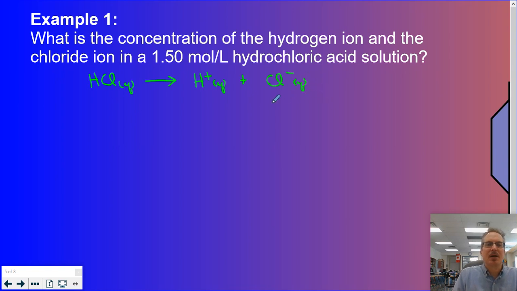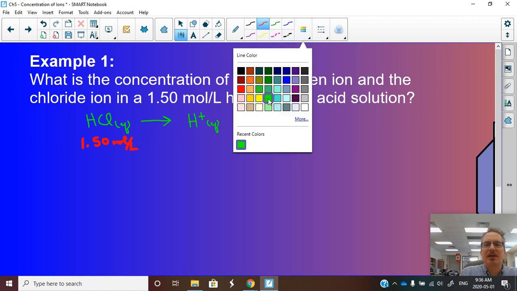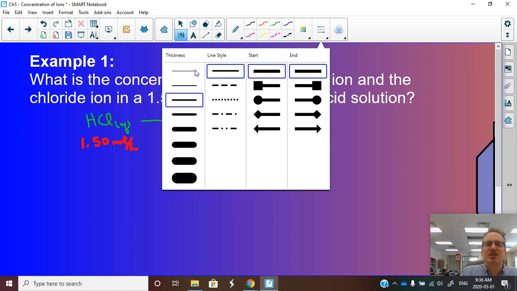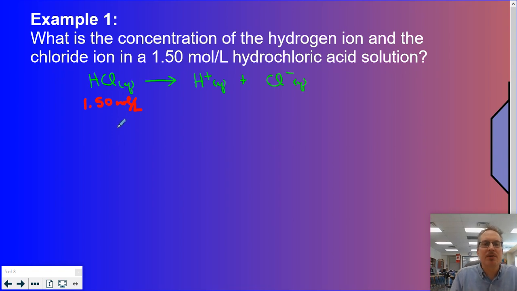Now, the one thing I like to do when we're actually in class doing this is I like to use a red pen for this because it tells me the concentration of HCl. And so that concentration is 1.50 moles per liter. I always do it this way because it allows us a chance for it to stand out. And that standing out part is really important for us, and we'll see why here in a second.